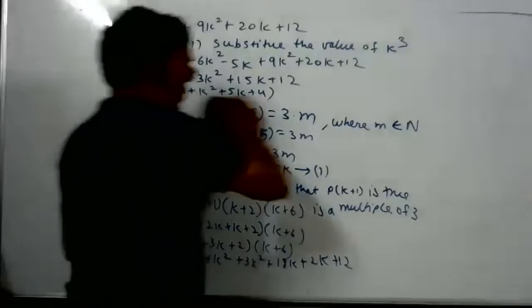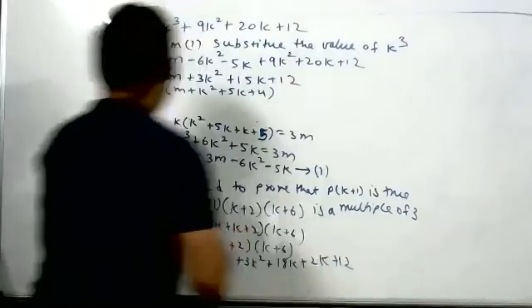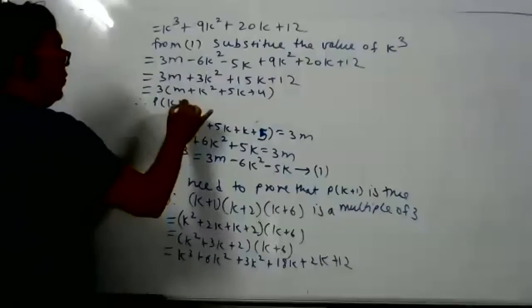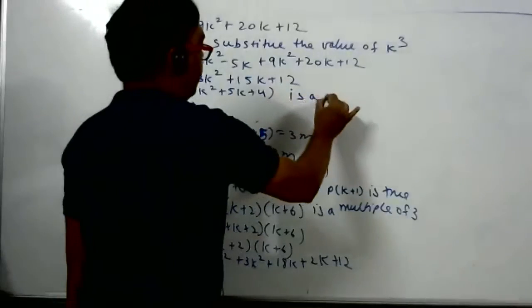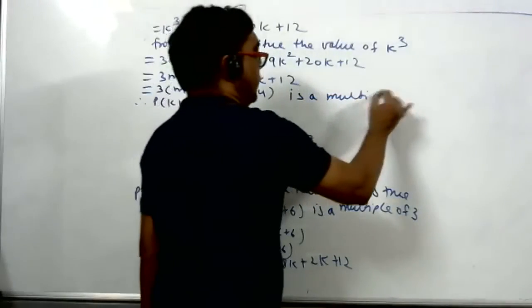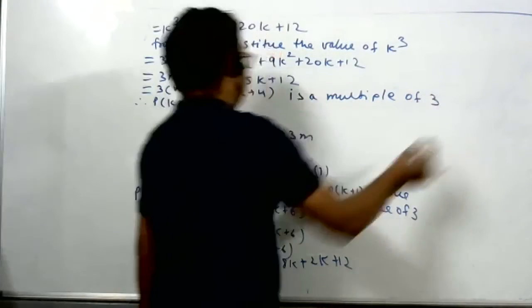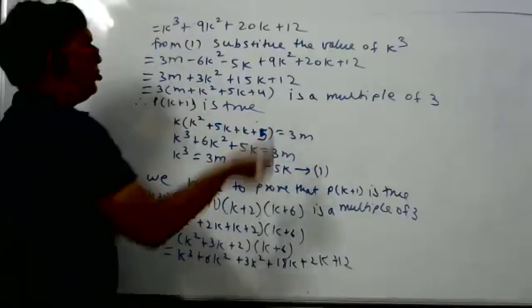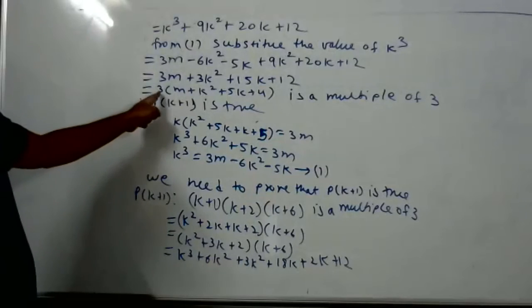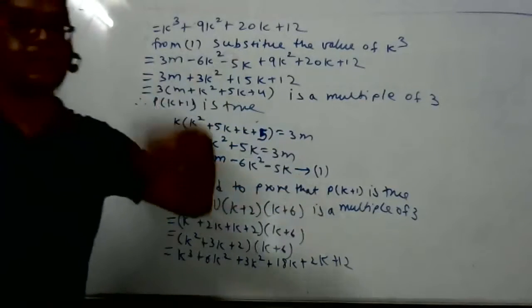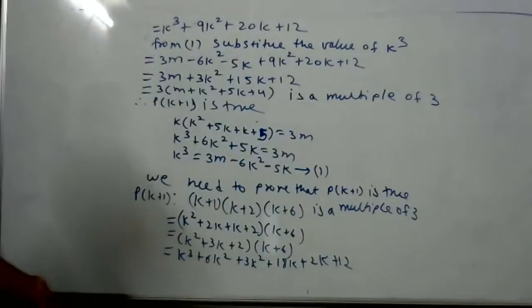So therefore P of K plus 1 is a multiple of 3. 3 into any number is a multiple of 3. So therefore P of K plus 1 is true. Over. See, 3 is a common factor, so 3 into any natural number is a multiple of 3. That only we have to prove now.